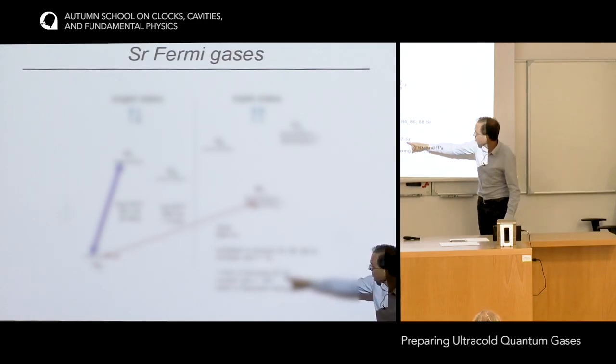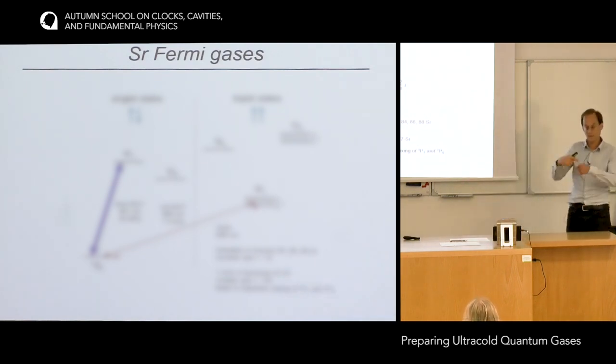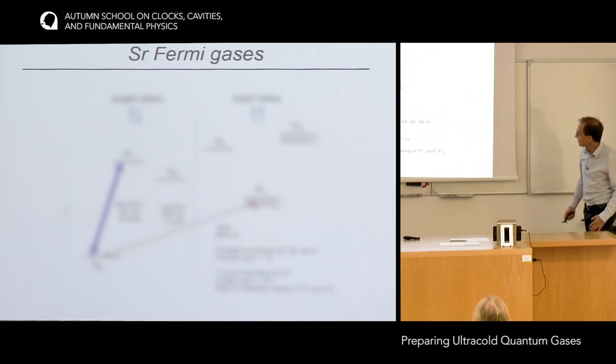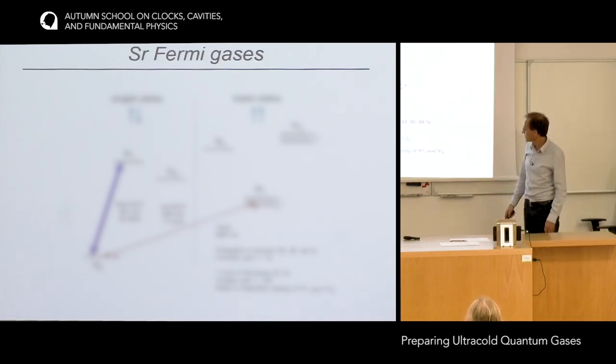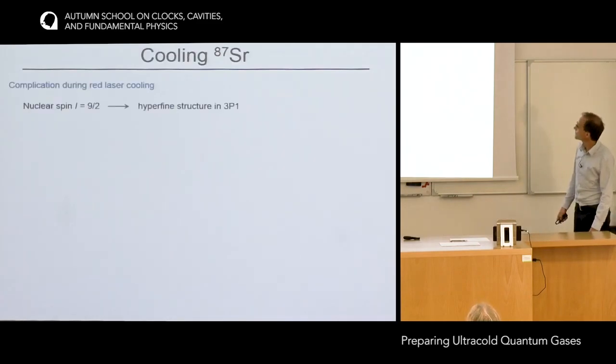And here in fermionic, you have an odd number of neutrons in the nucleus. So you have an odd number of spin 1/2 particles adding up to a total spin 9/2, which is 9 halves, and then you have a fermion. And this nuclear spin makes a complication. It creates hyperfine structure in 3P1.